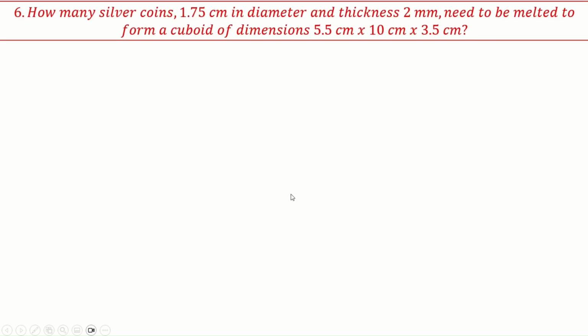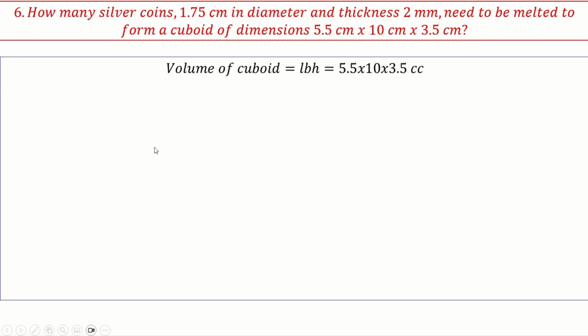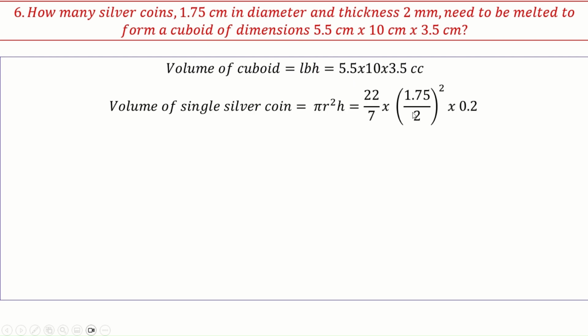How many silver coins, 1.75 centimeters in diameter and thickness 2 mm, need to be melted to form a cuboid of these dimensions? The cuboid dimensions are given, so you know how much volume is required. Volume of cuboid is L into B into H, which is this value. Volume of a single silver coin is pi r square h.